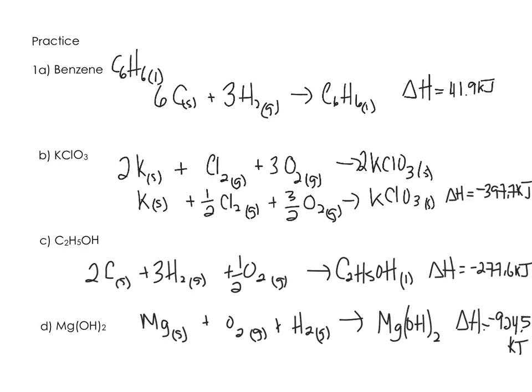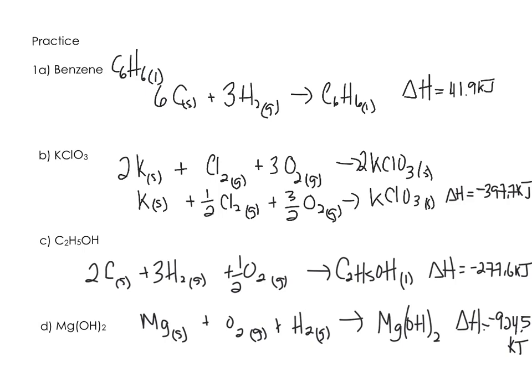So wow, quite a lot of heat is released when we form magnesium hydroxide from its elements. In fact, it's almost double making potassium chlorate from its elements. So there you go. That's how you write thermochemical equations for the formation of a product.